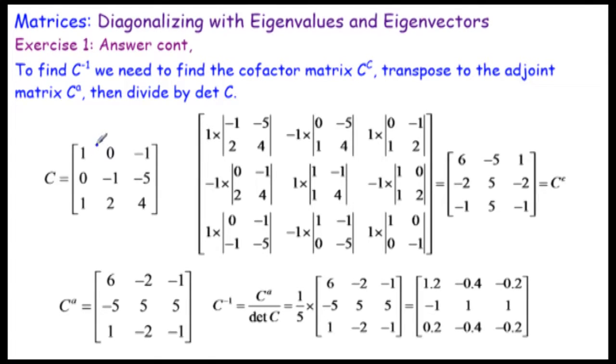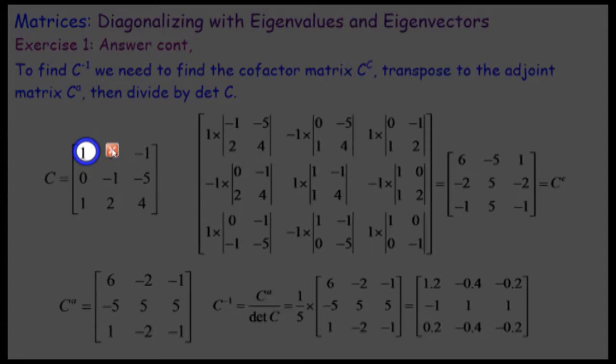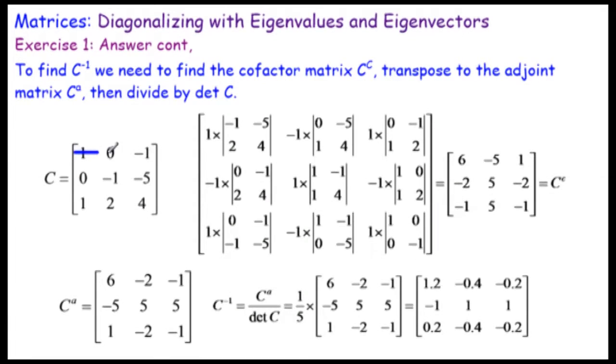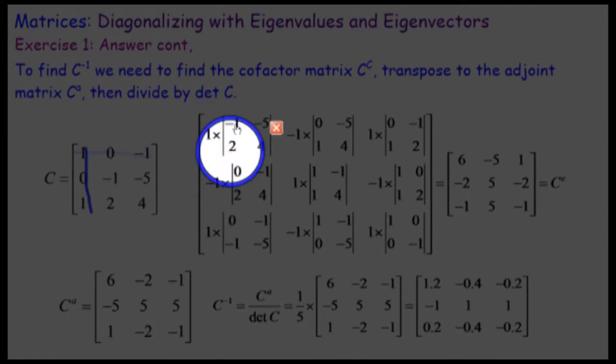For this particular element, 1, I need to replace it with its cofactor. So I cross out the row and the column, and I look at the determinant of what's left, this bit here. That bit there is the cofactor of that element 1.